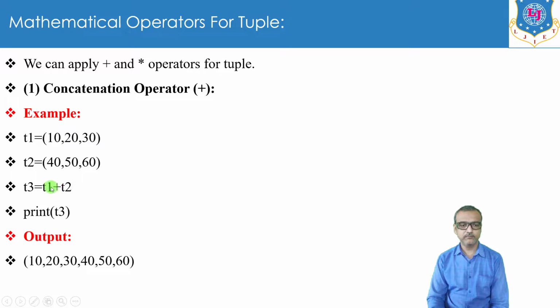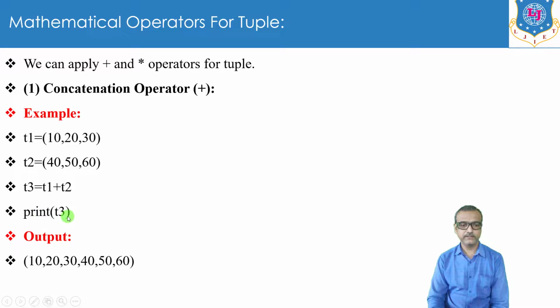So with the help of this concatenation operator plus, we are adding the elements of T1 and T2. Actually, we are combining the elements of T1 and T2 and those elements will be assigned to variable T3.